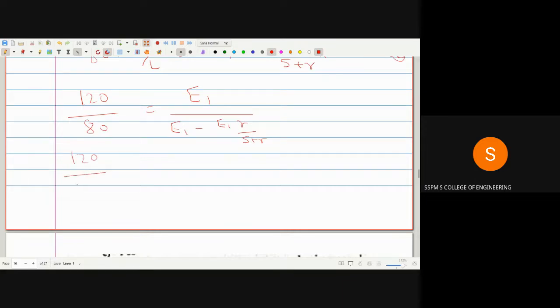It will be 120 divided by 80 is equal to 1 divided by 1 minus R divided by 5 plus R. After solving this, see what comes: 5 plus R divided by 5.